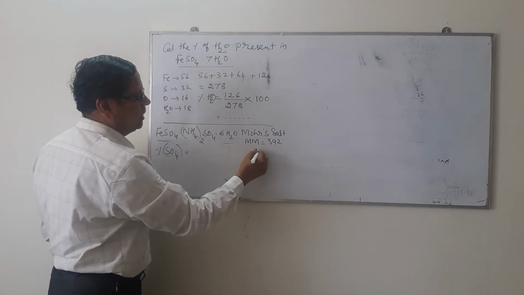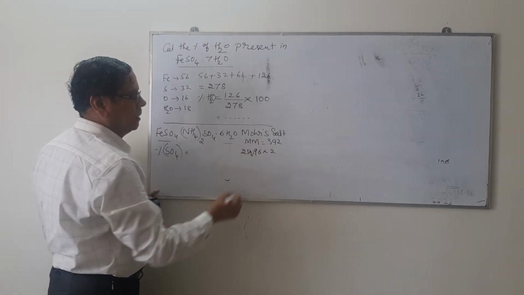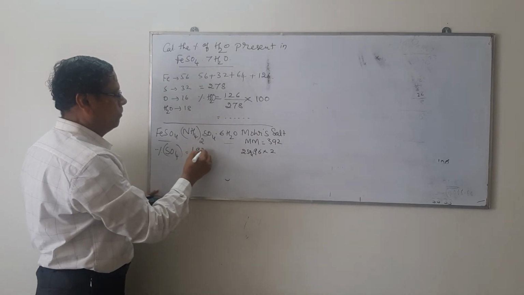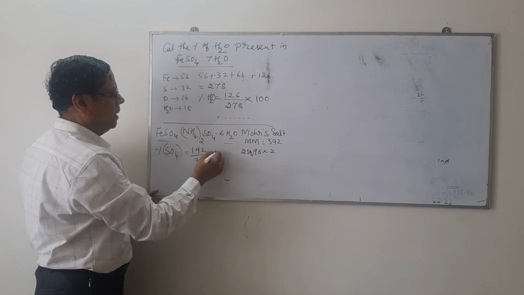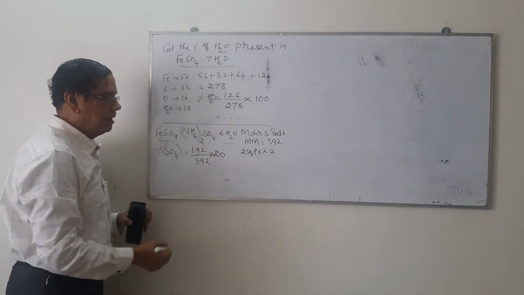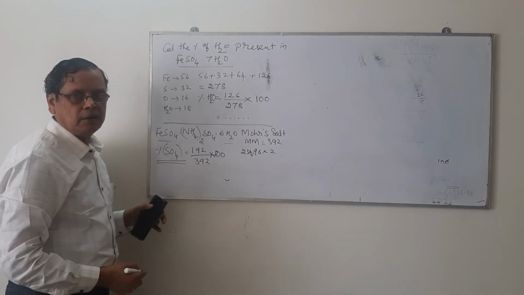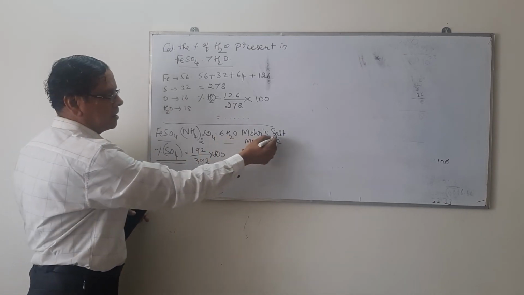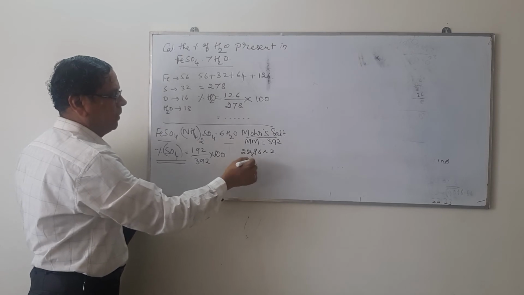So 96 into 2 SO4 groups is 192 out of 392 multiplied by 100. This will give the percentage of sulfate group present in this particular salt, which is called the Mohr salt. It is also named ferrous ammonium sulfate.